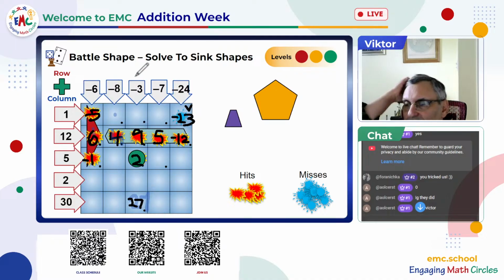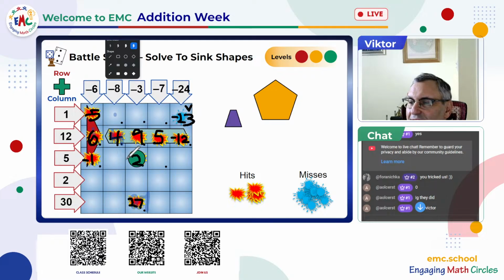Okay, and Victor, you just got a hit. Wow, what a luck. Yep. And I'm not kidding, these guys are on fire. Yeah, chat also says 2 plus minus 3 is minus 1. Yes, and that's correct. And that's another hit.